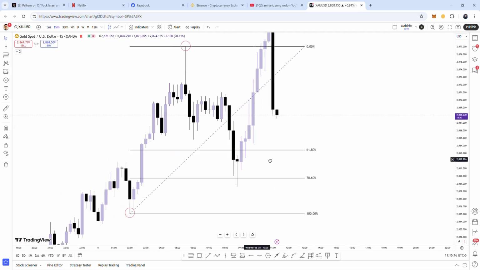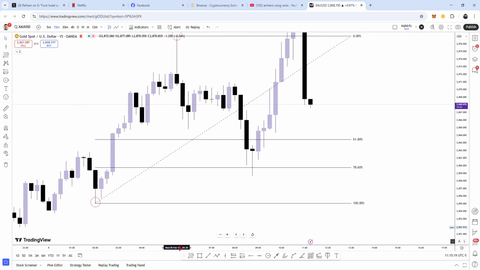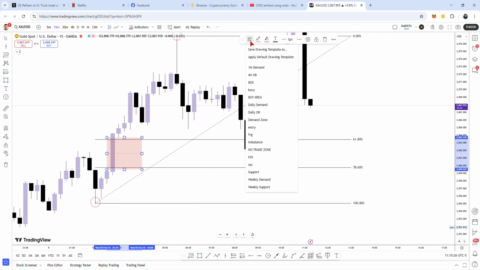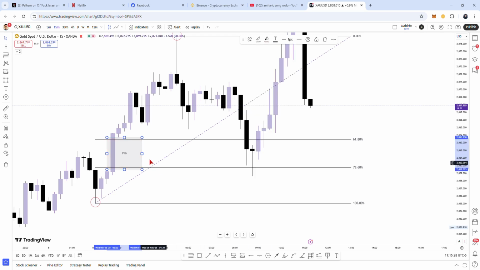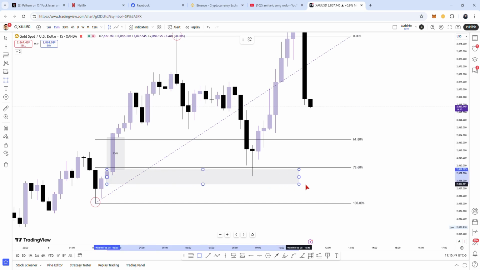what I have checked is that there is a fair value gap over here, as you can see. This is a fair value gap, FVG. The FVG is very long, so this might be the entry point, but also we will have to enter at an order block.